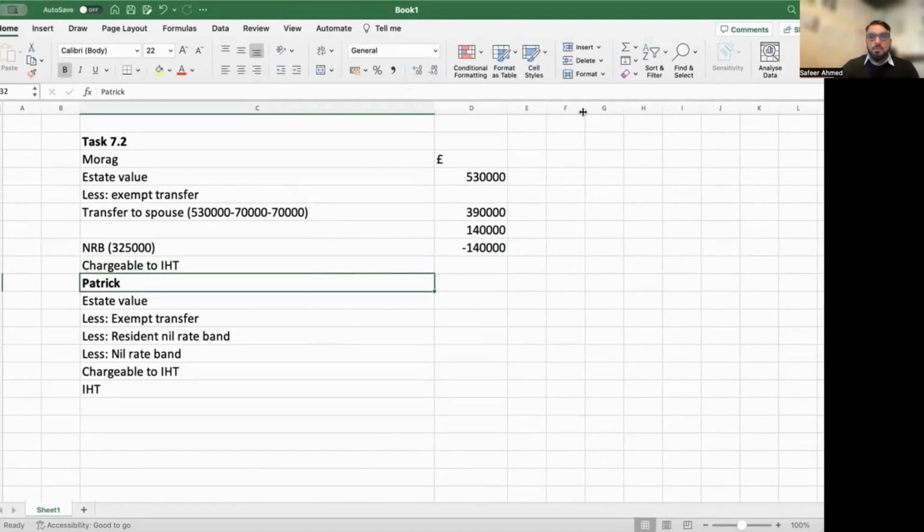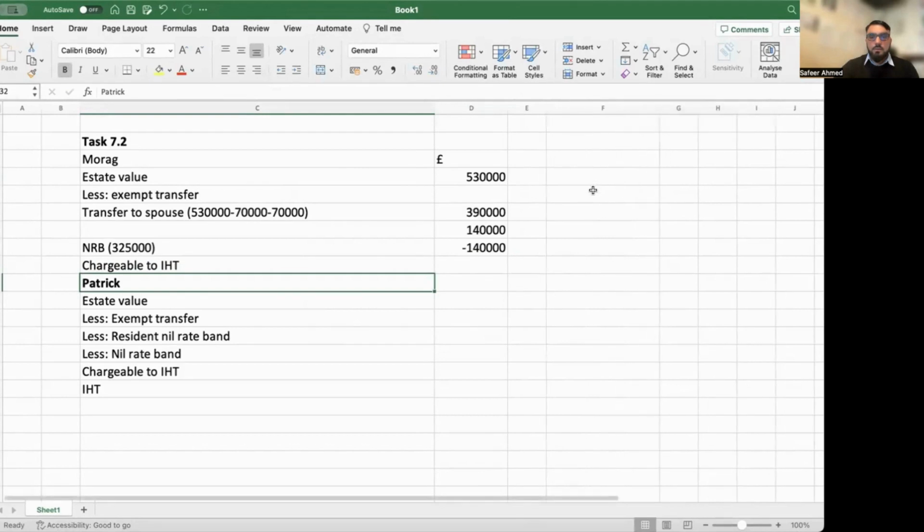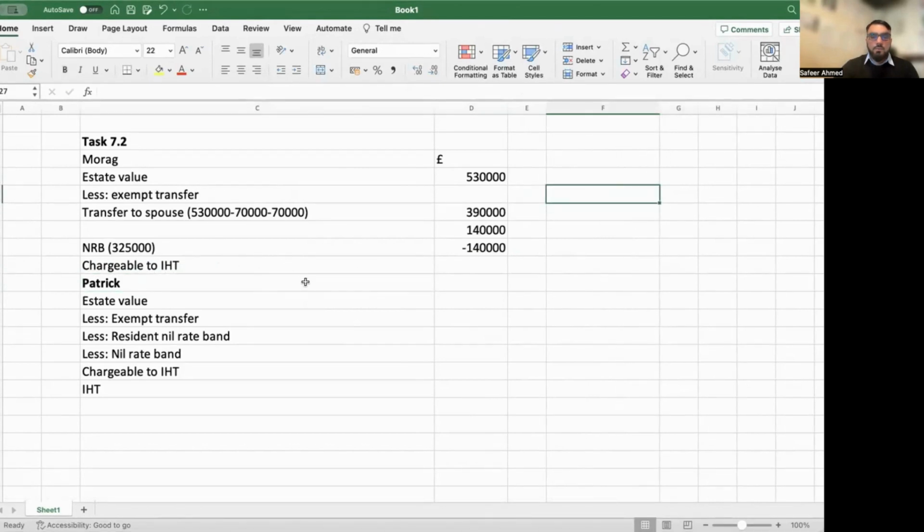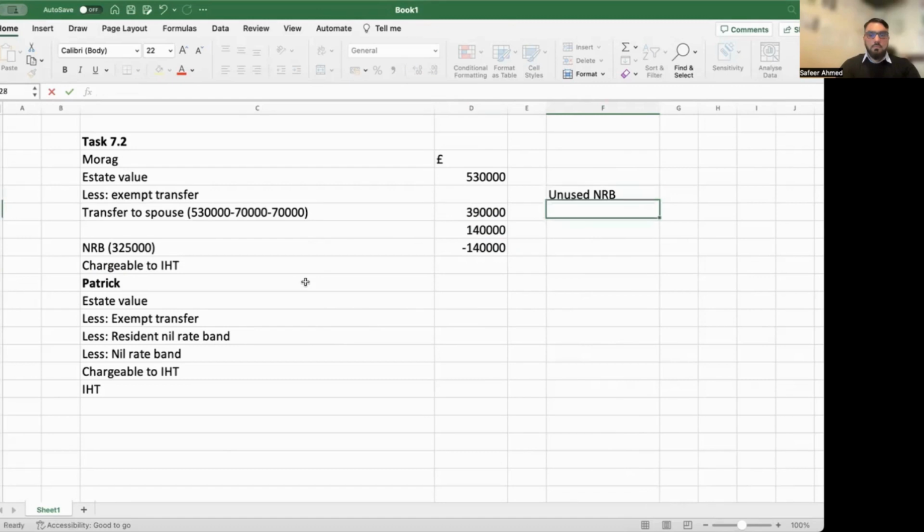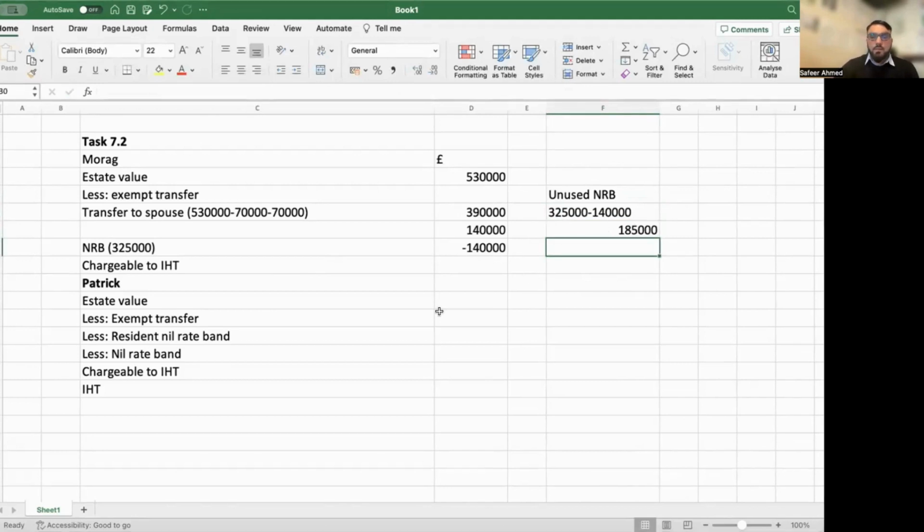Another thing you need to notice here is the unused nil rate band. It will be the difference between 325,000 minus the used, which is 140,000. This will be transferred to the spouse. So in other words, 325,000 minus 140,000 gives you 185,000.